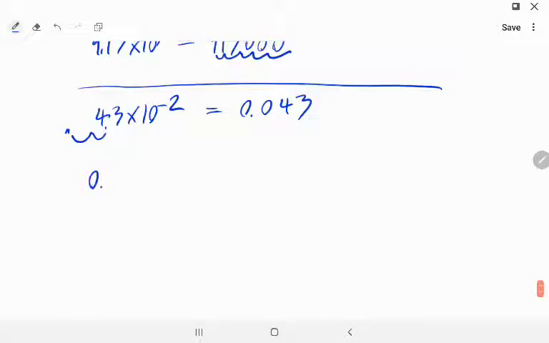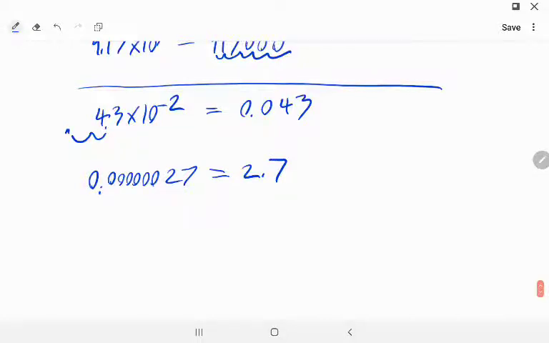If we had 0.0000027, we start with 2.7. So we start by writing it as a number greater than or equal to 1 and less than 10. And then we count the decimal places.